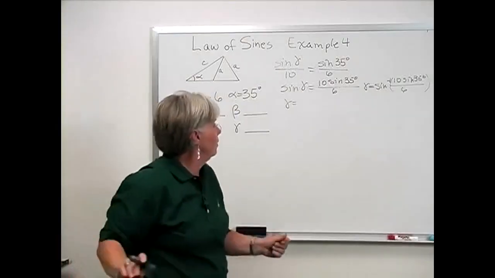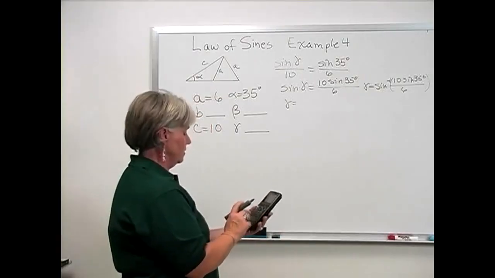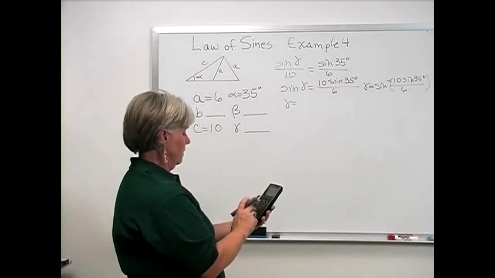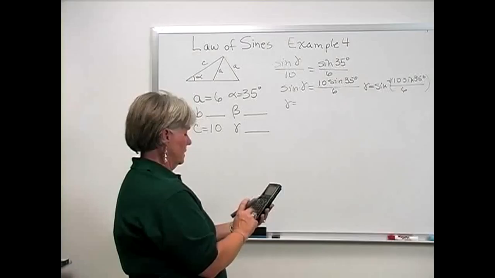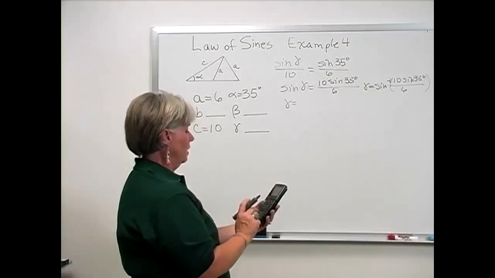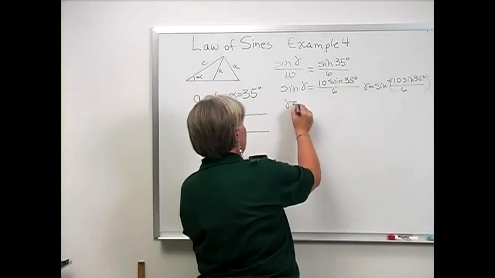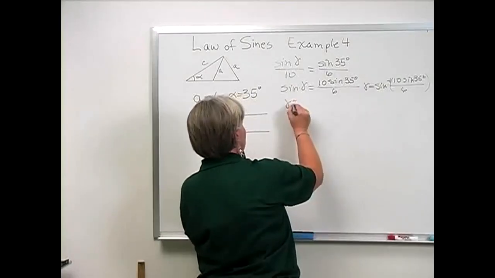Again, you've got to be careful when you're putting in your values. Make sure you put parentheses around that numerator. So we're going to have sine inverse of 10 times the sine of 35 divided by 6. And we get a value of 72.9 degrees. So let's make that an approximate. That's kind of messy. All right, 72.9 degrees.